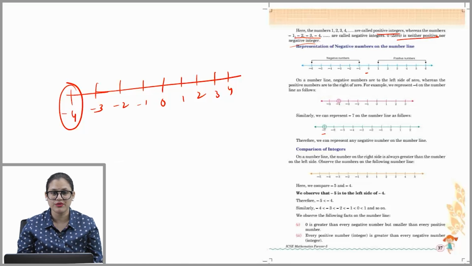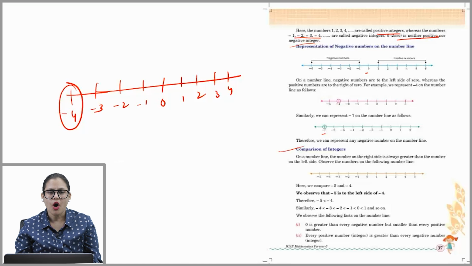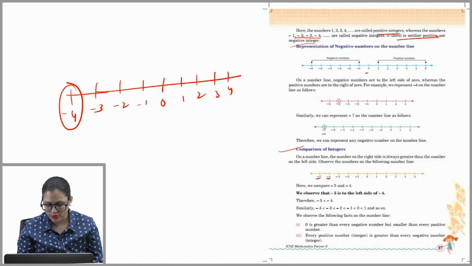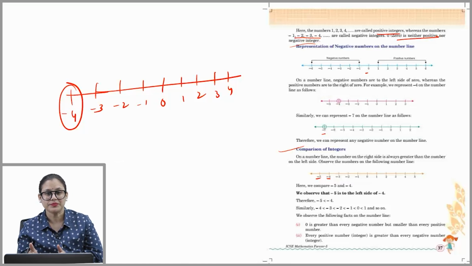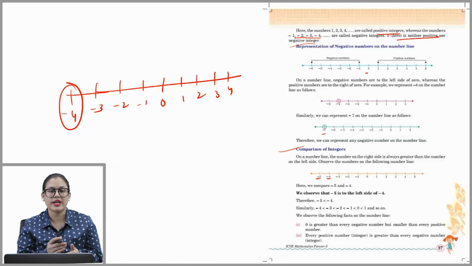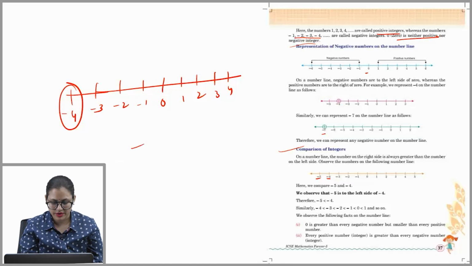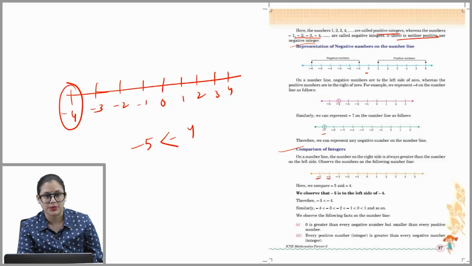Comparison of integers. On a number line, the number on the right side is always greater than the number on the left side. Observe the numbers on the following number line. If you compare minus 5 and minus 4, which one is greater? Obviously, the number on the right side of the number line. So minus 4 is greater.